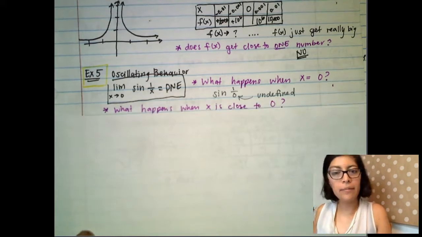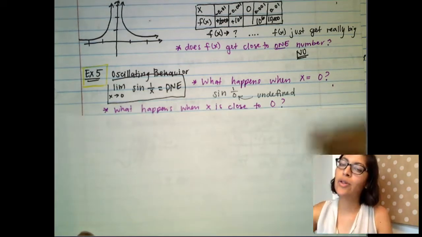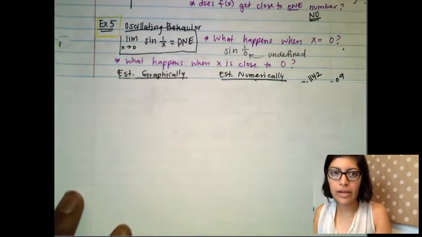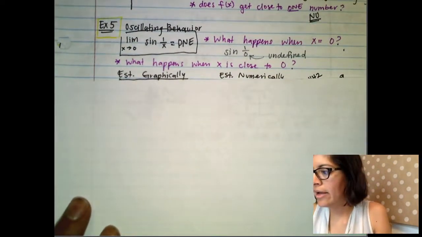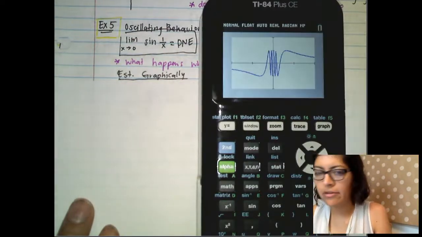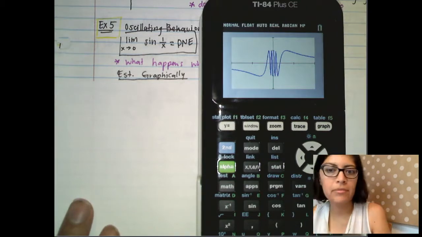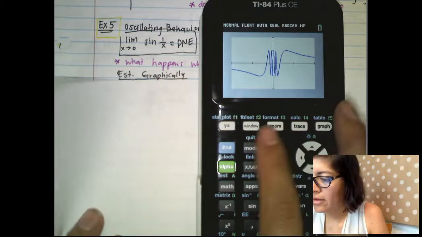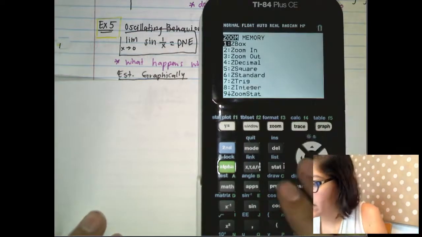So let's see what happens when x is close to 0. Again, we're going to estimate graphically. I have this graph in my graphing calculator. Let's graph this. So this graph looks really crazy. We could zoom in a little bit more if you wanted to.